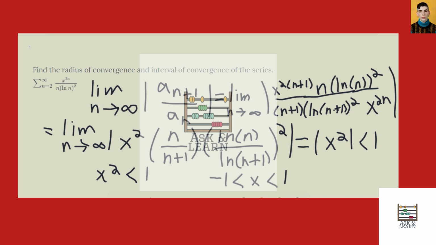Okay, so our interval of convergence is somewhere from minus 1 to 1. At this point, we don't know whether or not we include minus 1 and whether or not we include 1. The length of this interval is going to be 2, though, which means that the radius of convergence is 2 divided by 2, which is 1. So 1 is our radius of convergence.